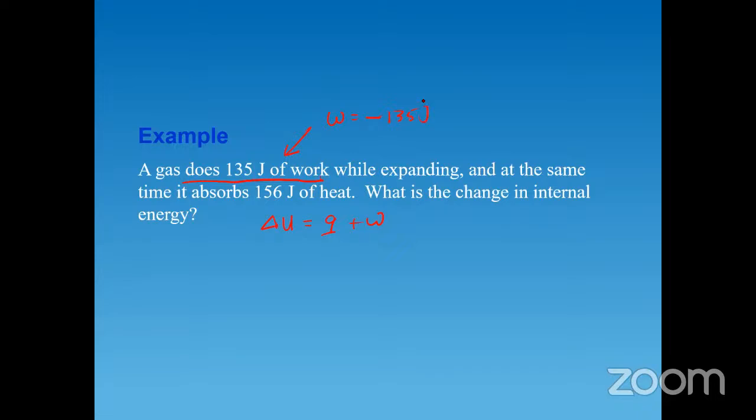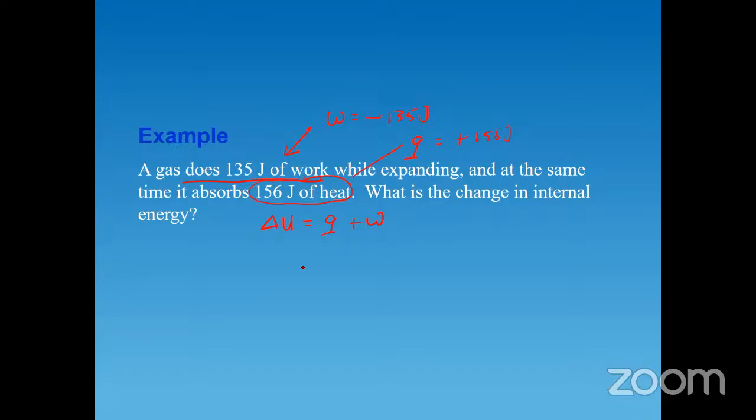Because the gas is doing 135 joules of work on the surroundings. Then the question says, and at the same time, it absorbs 156 joules of heat. So what does that mean? That means that heat, Q, would be positive 156 joules because it's absorbing heat, all right?